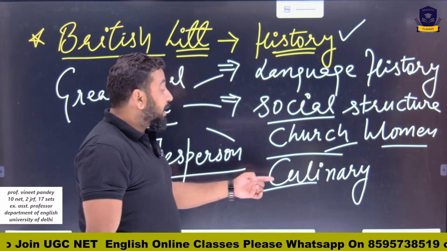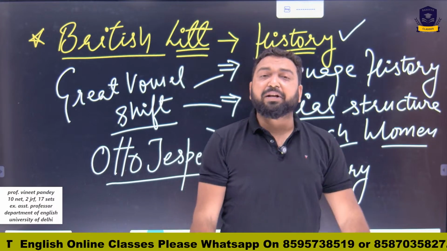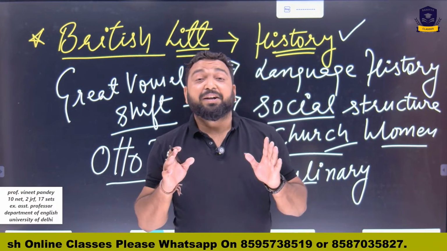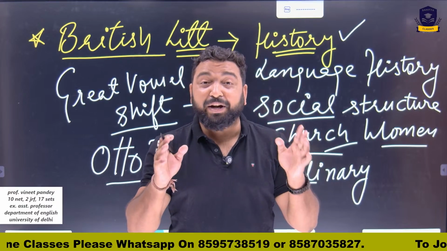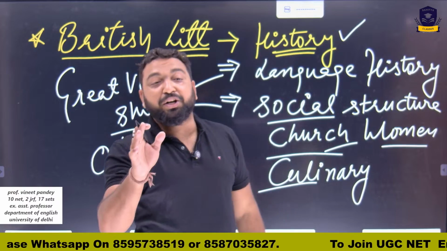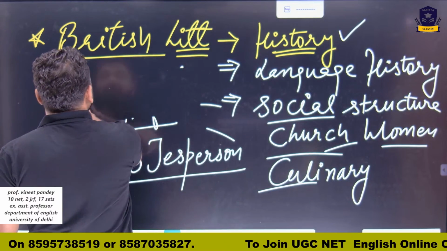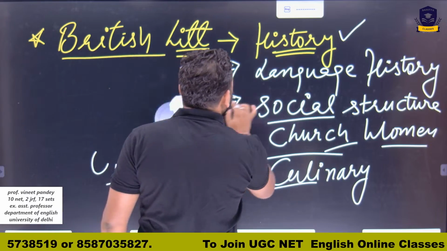The question was, the culinary terms in English literature and English language have been taken from which source? I studied for 2 hours to find out the direct source: French language, from French to English, culinary terms. This kind of concept we have to study here in British literature. So I just gave you the idea.